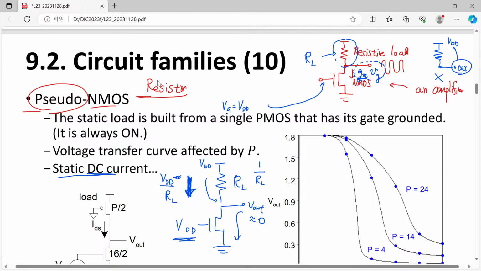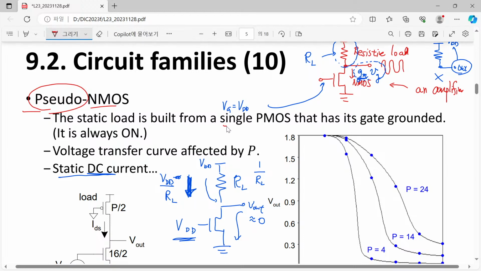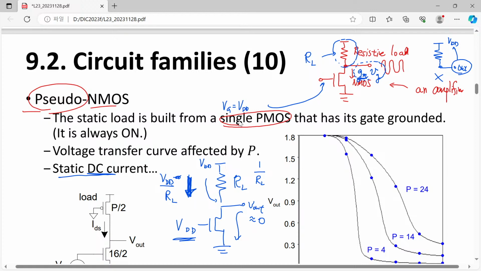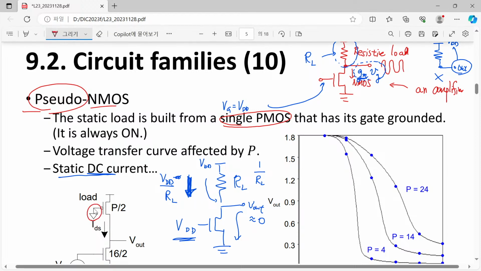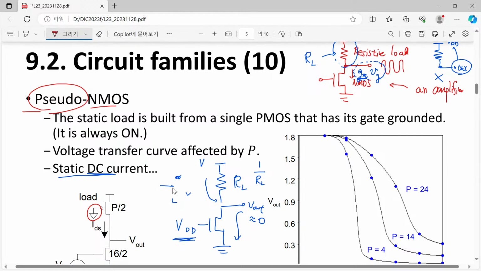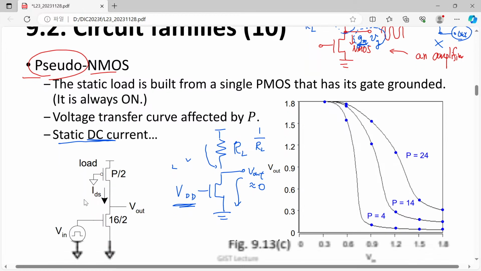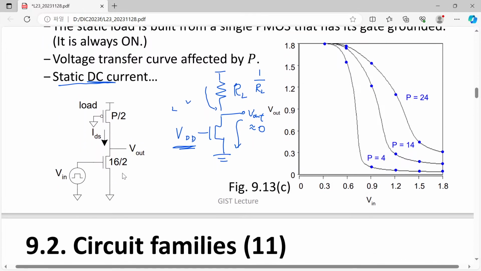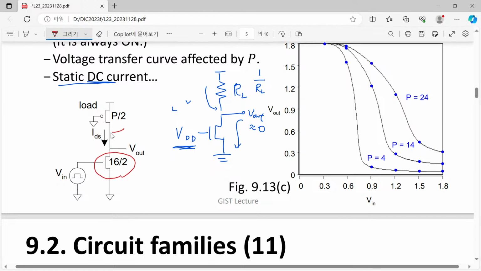Then how about using just a PMOSFET? The PMOSFET is fully turned on here, so it has a certain strength in its current conduction. Then it can be used as just a resistive load. That is the reason why in this pseudo NMOS circuit, here we have NMOS and here we have PMOS.